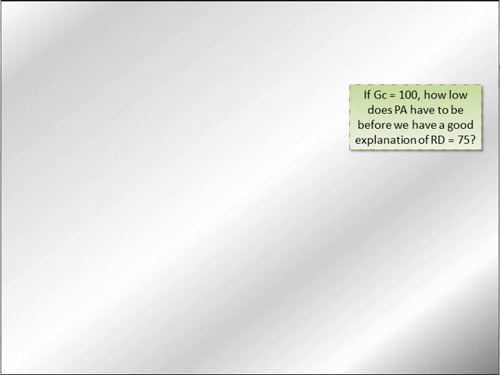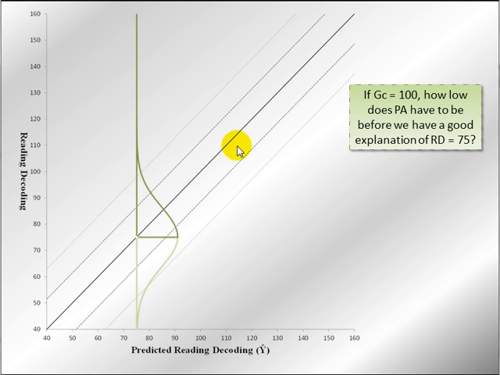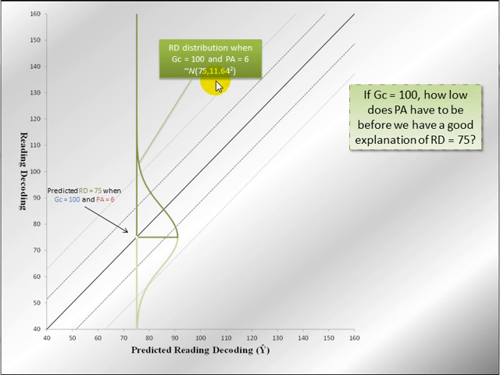We can ask, if GC equals 100, how low does phonological awareness have to be before we have a good explanation of the fact that reading decoding is 75? So here's our distribution. The predicted score for this distribution is 75. That is, on average, these people have a reading decoding score of 75. This distribution has a mean of 75 and a standard deviation of 11.64.